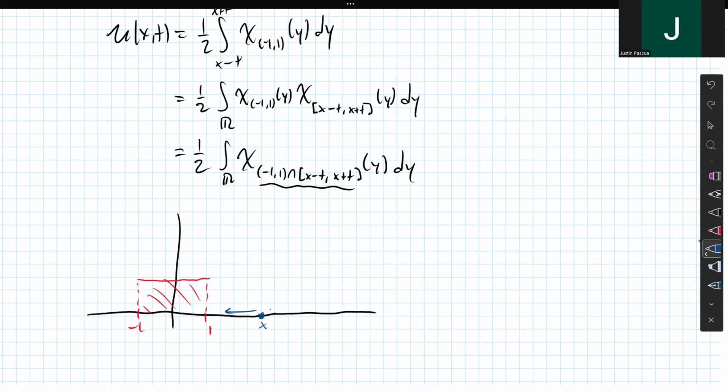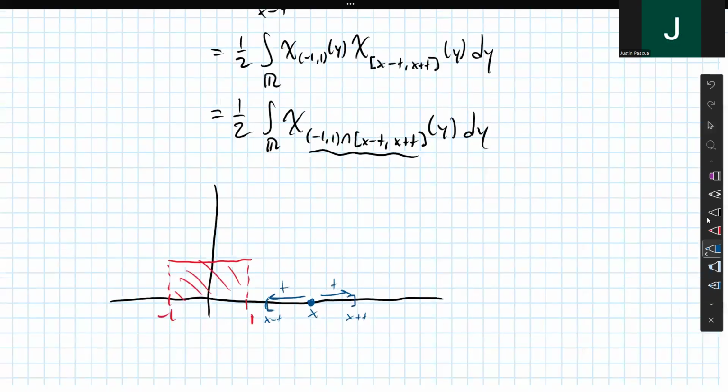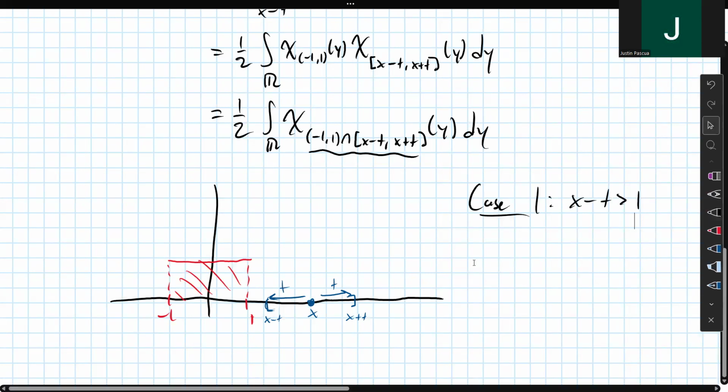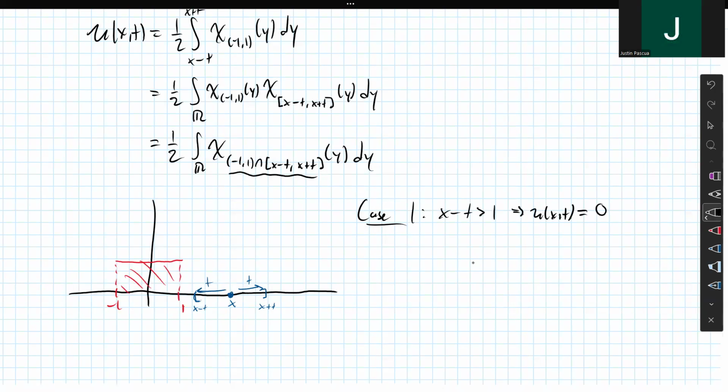And we're expanding in both directions by some quantity t. Right, and we're interested in the intersection between these two intervals. So it's clear that we're going to end up with 3 cases. I've drawn the first case here. This is when x minus t is greater than 1. Here, their intersection is empty.